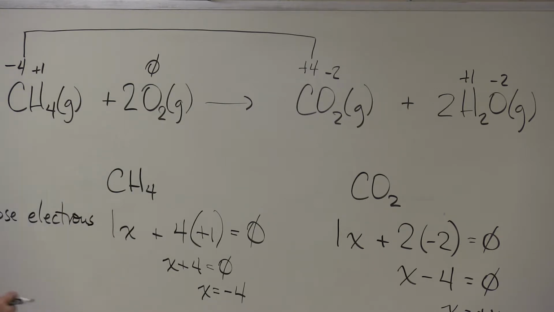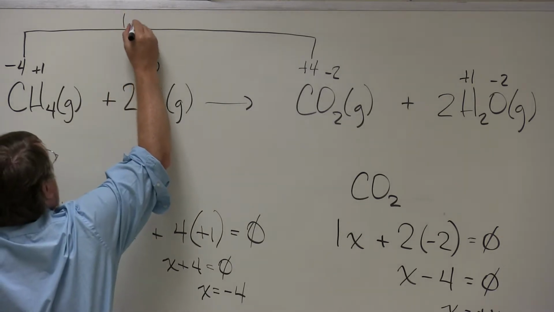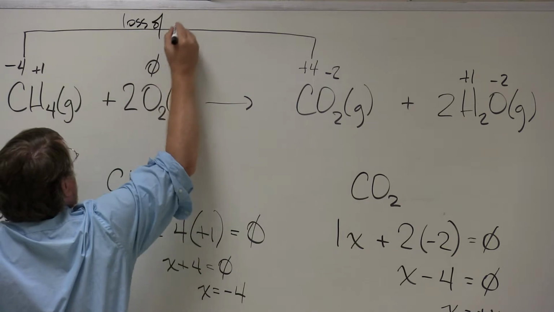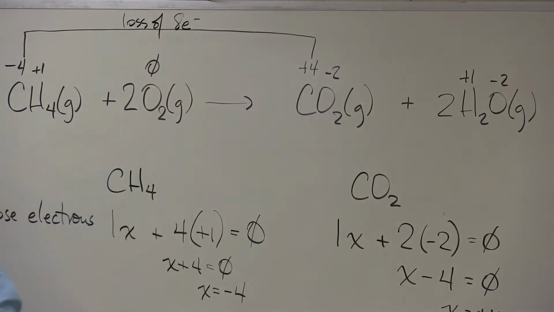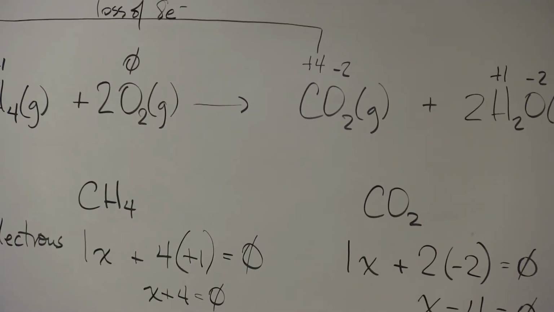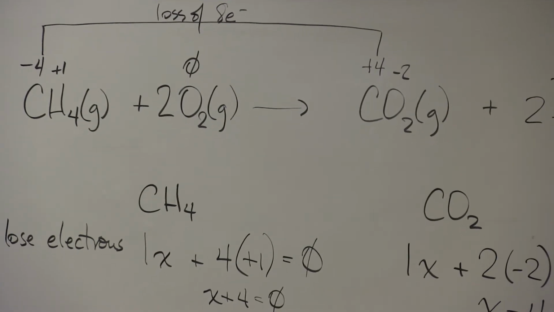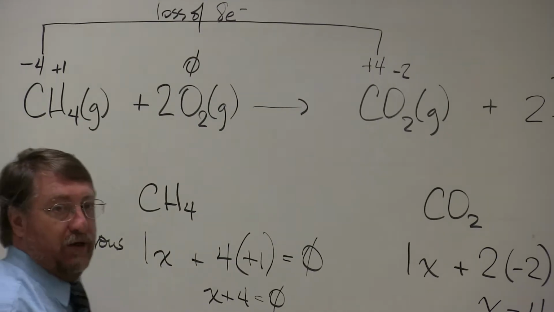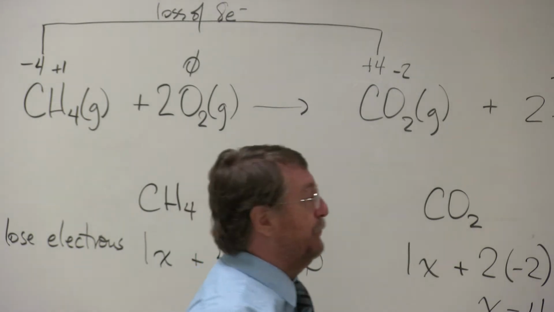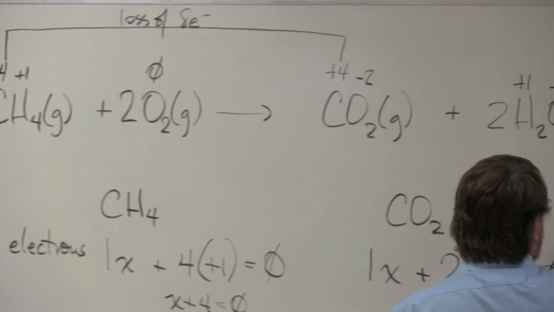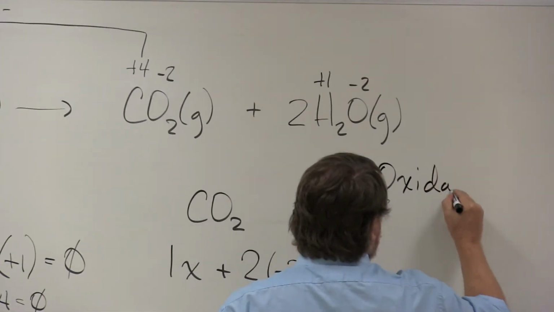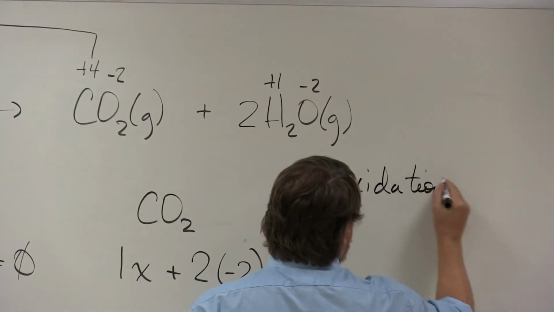Okay? So you can see the loss of 8 electrons. It lost 8 electrons going from -4 to +4. Okay? We call the loss of electrons oxidation. So oxidation is the loss of electrons.